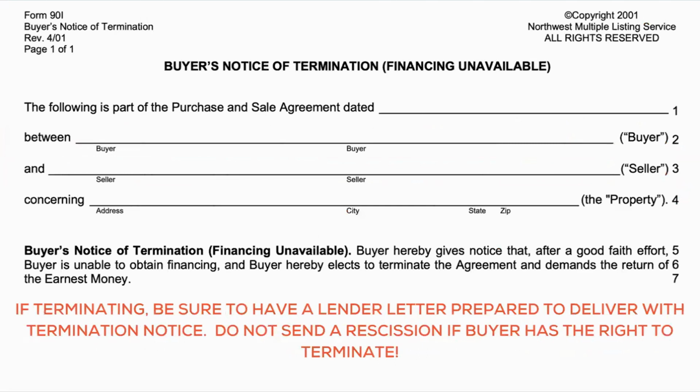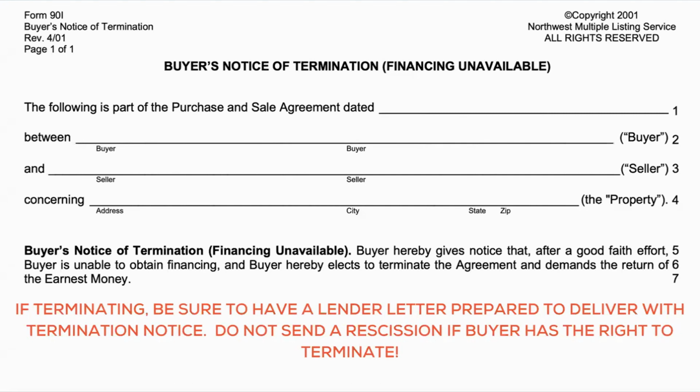Now, if for some reason it just isn't going to go through, and you need to terminate because the financing just couldn't happen, we do have a financing notice. So the only thing I wanted to bring up with this form is make sure you're not using a form like a rescission.